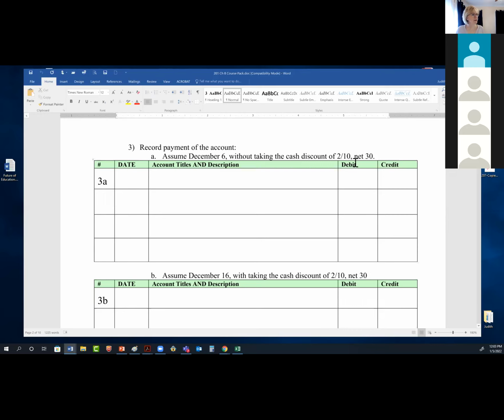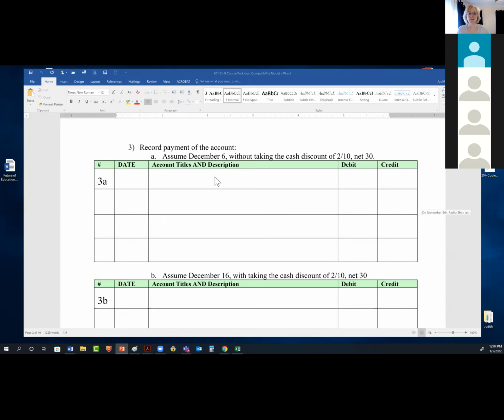So the company pays their bills without a discount. What's it going to look like? How much does Radio Shack owe? Say again, 1,200? Let's think about that. No. They do not owe 1,200. How much do they owe?